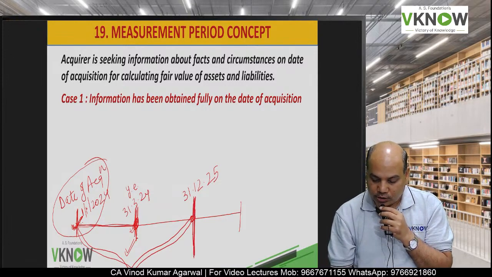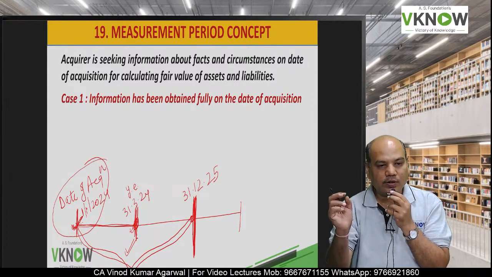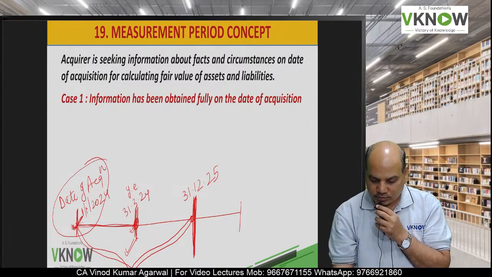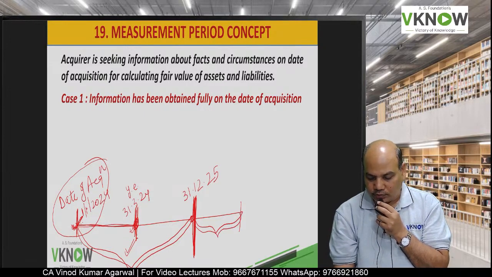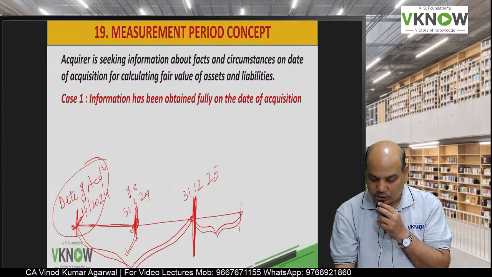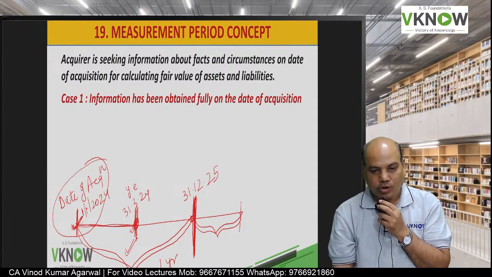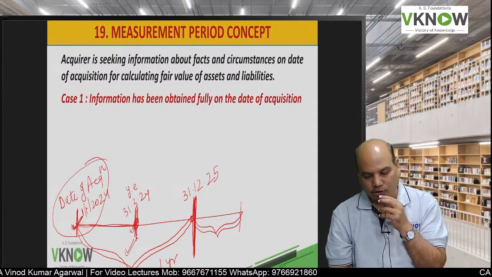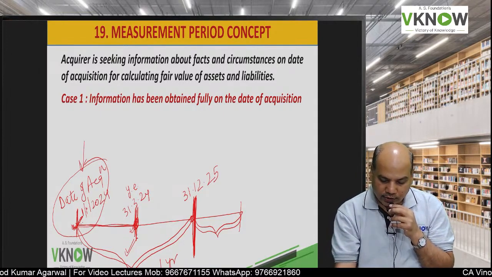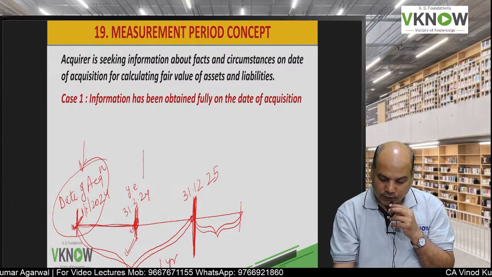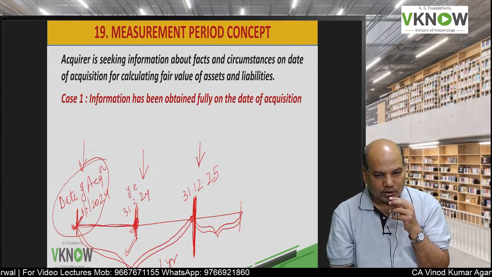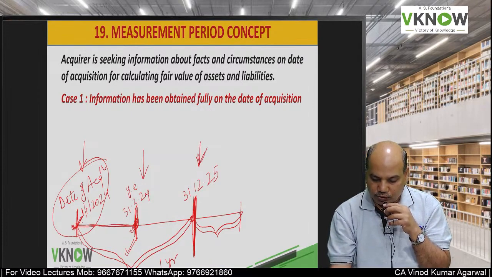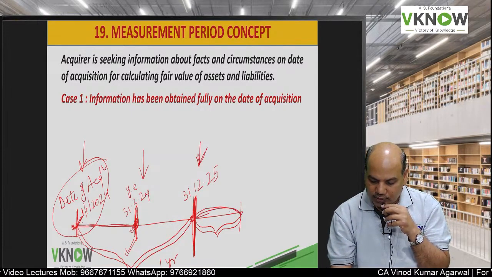But if you are not able to find out the fair value even in 1 year time span, but you can find out the fair value after 1 year is over, what will be the accounting treatment? So these are the situations we are going to discuss: on the date of acquisition, on the first year ending date, after completion of 12 months, and then after that date.